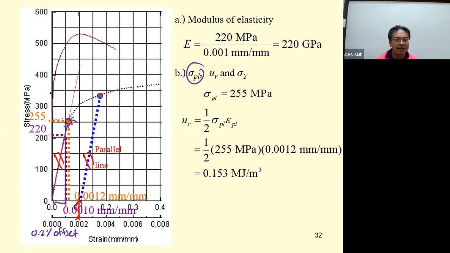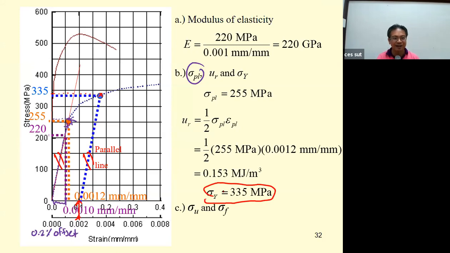And then you can see that is going to be about the point of sigma sub YS. After you do the proportion, you can determine the sigma sub YS of 335. Okay, 335.